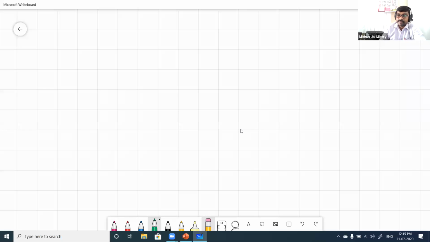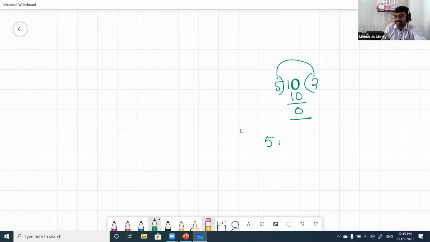See children, if you are dividing 10 with 5, you get 5 twos are 10, the remainder is 0. Here we say that 5 is a factor of 10. That means we got the remainder as 0. That's why 5 is called a factor of 10.